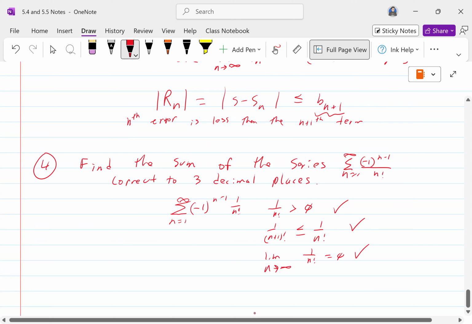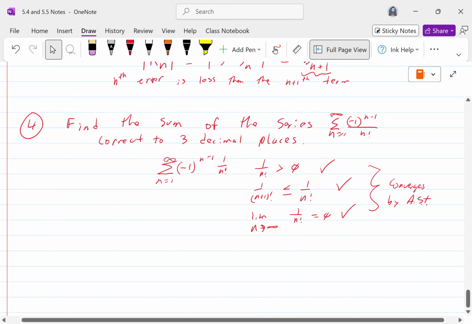Yes. All of those work, therefore it converges by the alternating series test. Okay, so we're good there. Then how do we get 3 decimal place accuracy? That's 0.001 accuracy.